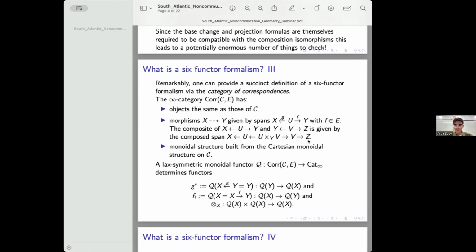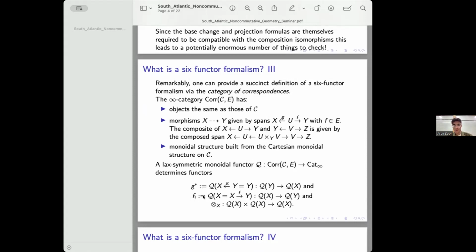So what we do in a six-functor formalism is consider, well, a six-functor formalism will be a lax symmetric monoidal functor out of this category of correspondences, so I'll call it Q. And this lax symmetric monoidal functor will determine functors which we can call G upper star, which is the image under Q of this morphism from X to Y given by G on the left and the identity on the right. So that's a morphism from X to Y. And then this gets to something which we call G upper star from QX, from QY to QX.